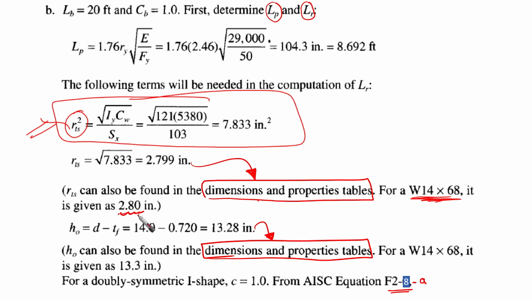That's number one. h_o is also given in the dimensions and properties table. It is 13.3. Please go and check them. For a doubly symmetric I-shape, c equals 1, as we said before, from Equation F2-8a.